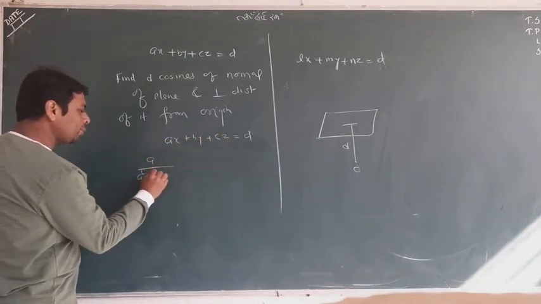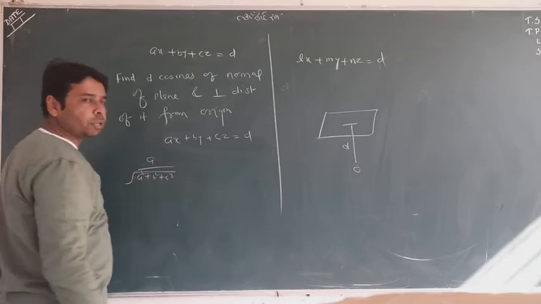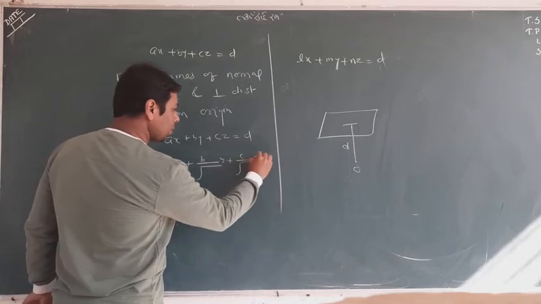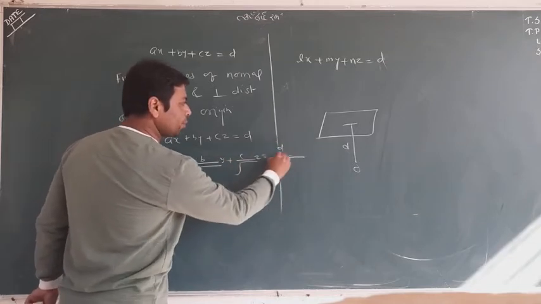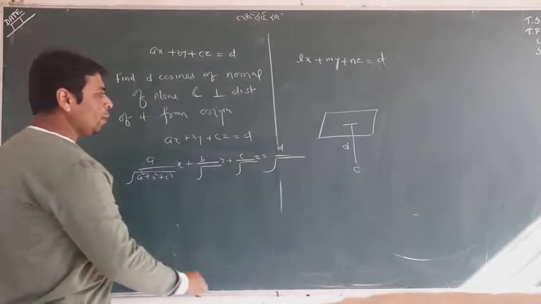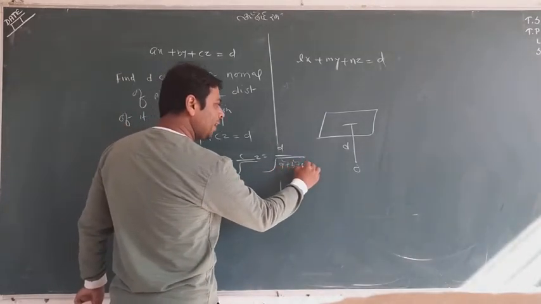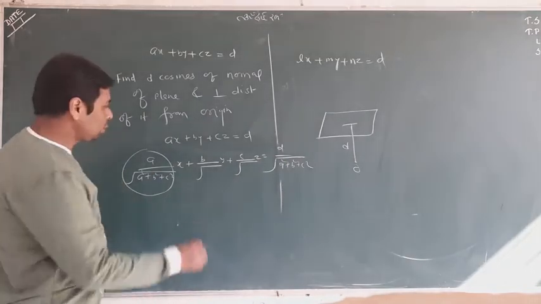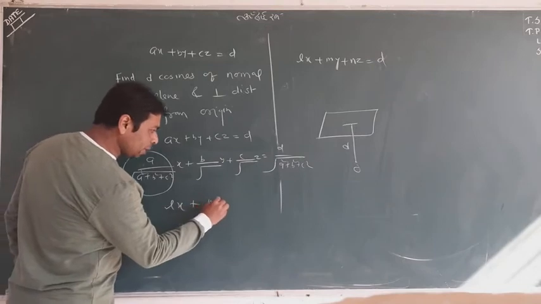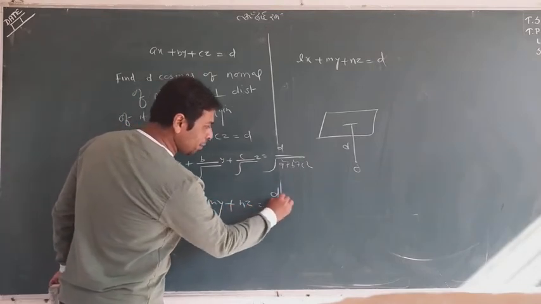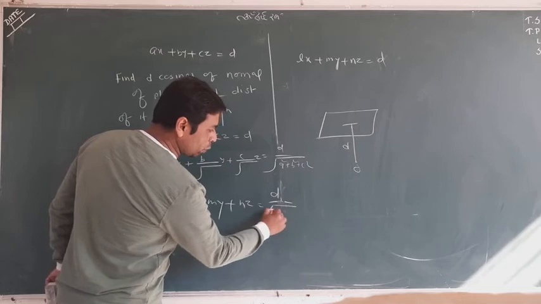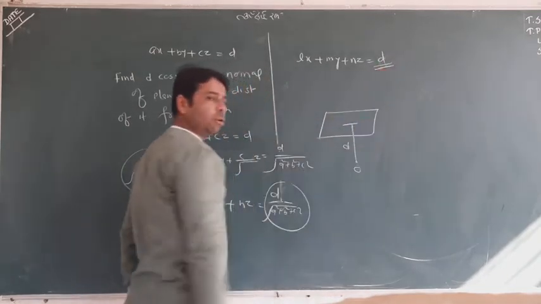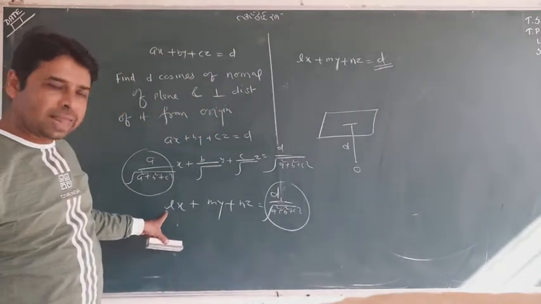You divide throughout by the same, and d upon the same. So a upon the root of a square plus b square plus c square is called L. This is going to be L, this M, this N, and this number, d upon the root, is called D. D means the perpendicular distance. Why? Because the coefficients have changed into L, M, N.